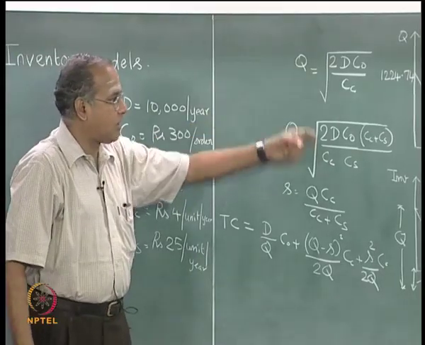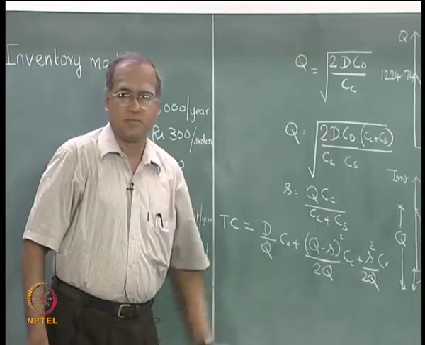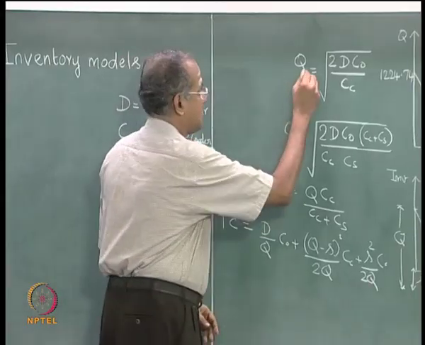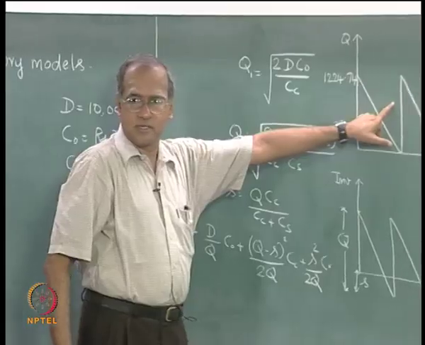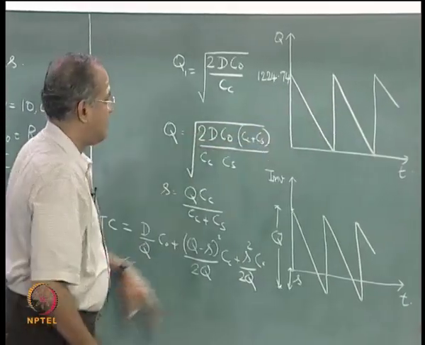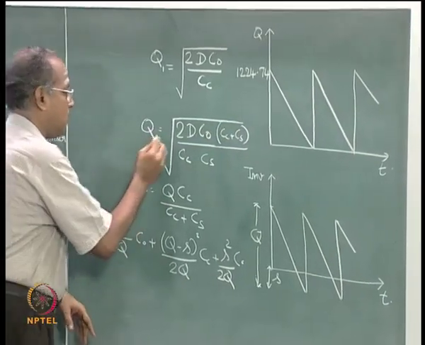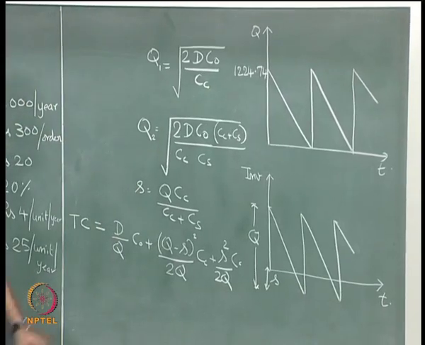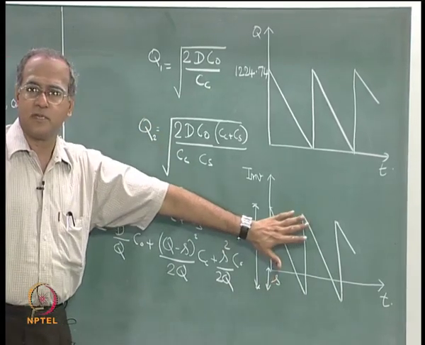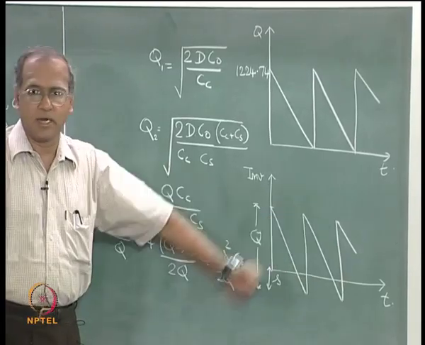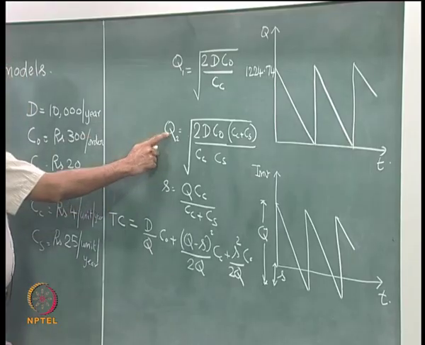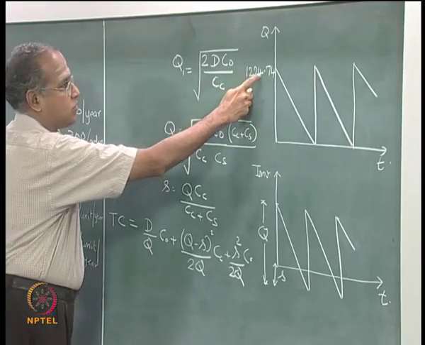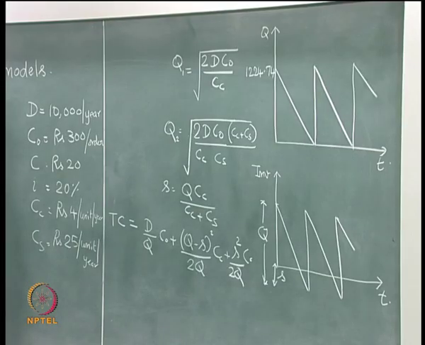Since I have written the formula for both the models, let me call this Q1, which is the economic order quantity for this system without back ordering, and let me call this Q2 as the economic order quantity for this system, which considers backordering. So, we are now interested in computing this Q2. We already know that this Q1 is 1224.74, which was done in an earlier lecture.